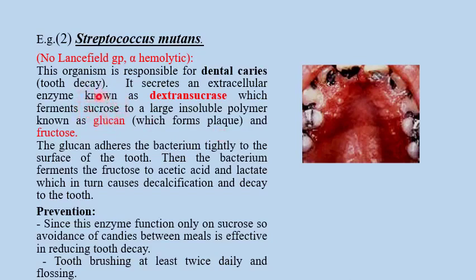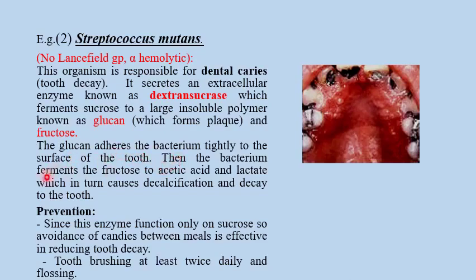From where will this sucrose be found in our mouth? It will be found as a remains of any sugary substance. We have eaten it and we didn't wash our teeth. This glucan helps the bacteria to adhere. We mentioned it in the introduction. The ways of adherence were by this organism's secretion or formation of this glucan, which is a sticky substance present on the tooth, so this sticky substance helps the bacterium adhere.